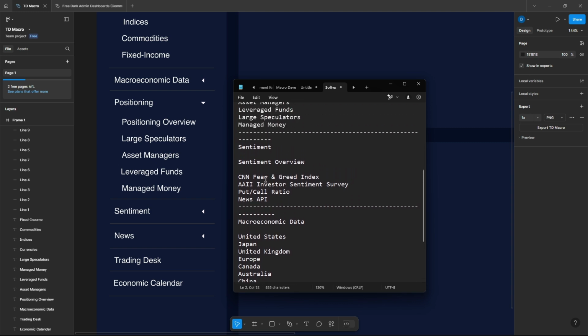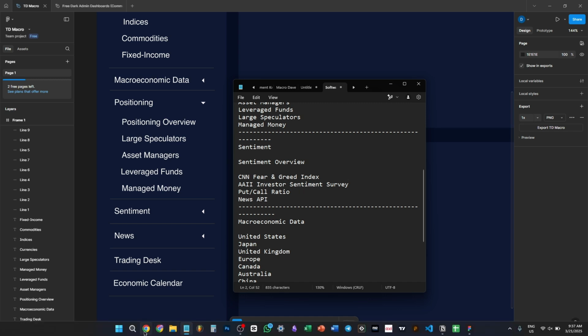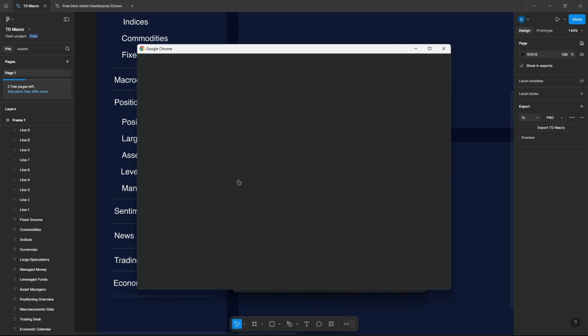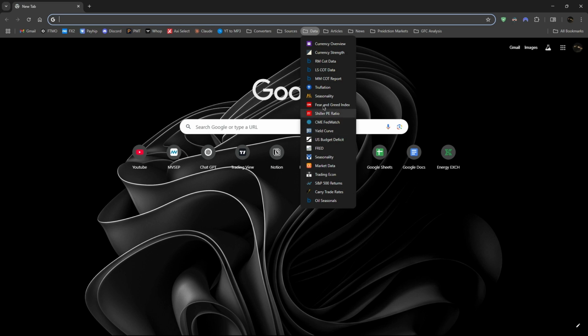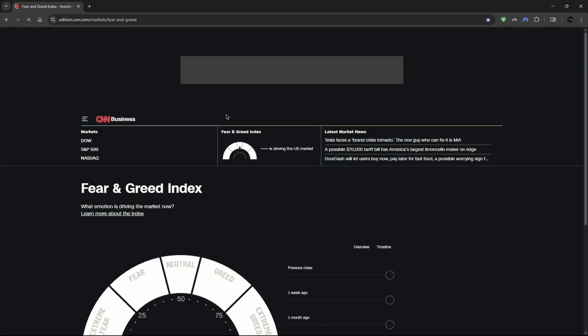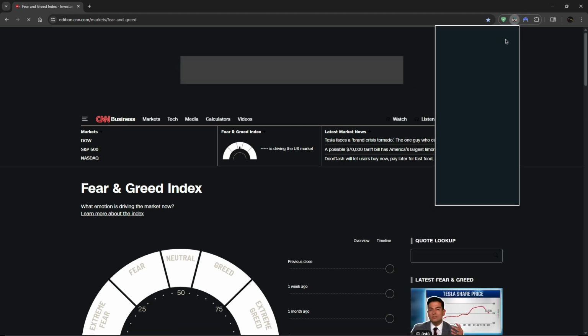Under sentiment, I want to add the CNN Fear and Greed Index, which is a very cool feature that CNN has, and I'm definitely planning to link that to my software. So if we go to data here and we go to the Fear and Greed Index, this is this on CNN's website. Let me turn off dark mode.